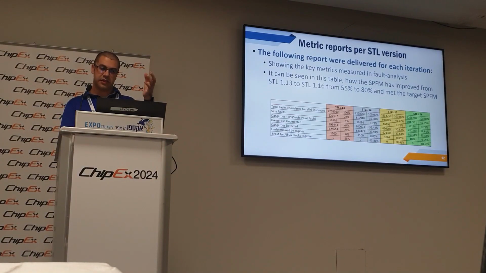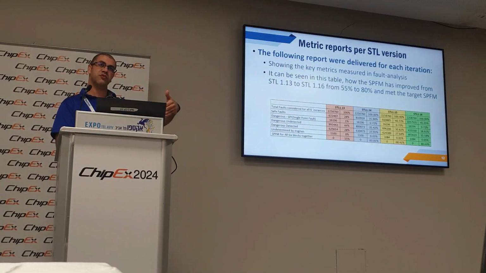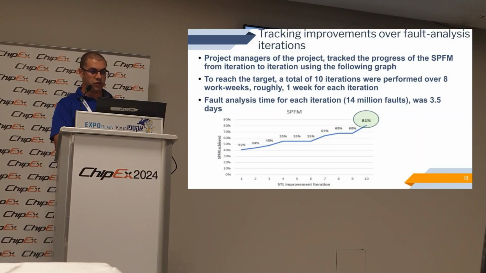This is just an example of the reports that were provided, and we can see in this scenario how we improved SPFM. Each step we did, as we improved these 6 modules, we also saw a significant improvement in the overall SPFM. This is a graph of how we saw the improvement across time.